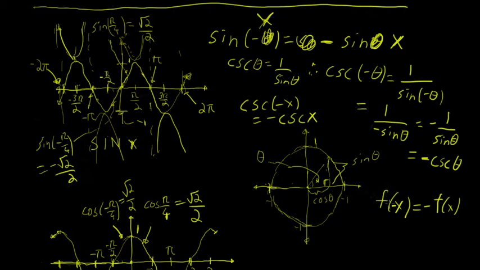So when you apply the function to the opposite, the additive opposite or negative of a particular number, you are going to get negative of the function applied to that number, the additive opposite of the function applied to that number. And these types of functions, sine and cosecant are examples, these are called odd functions.